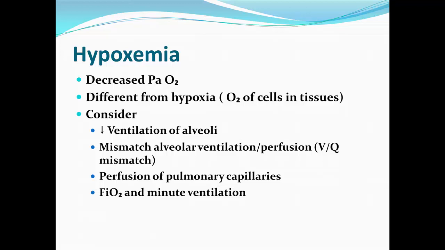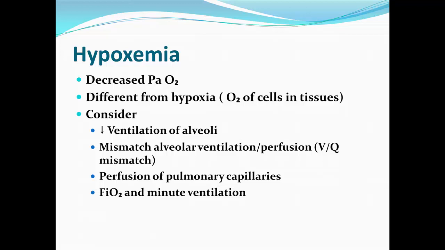The second was a ventilated area not perfused. So this is what happens in a pulmonary embolus. You've got a clot sitting on the vascular side, but the alveolar part is still open. So it's a VQ mismatch.